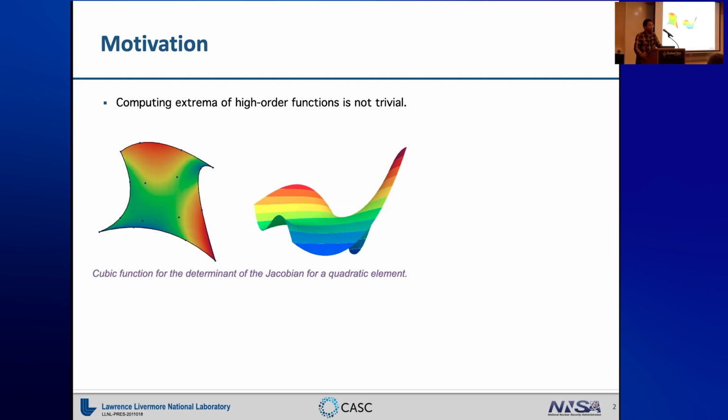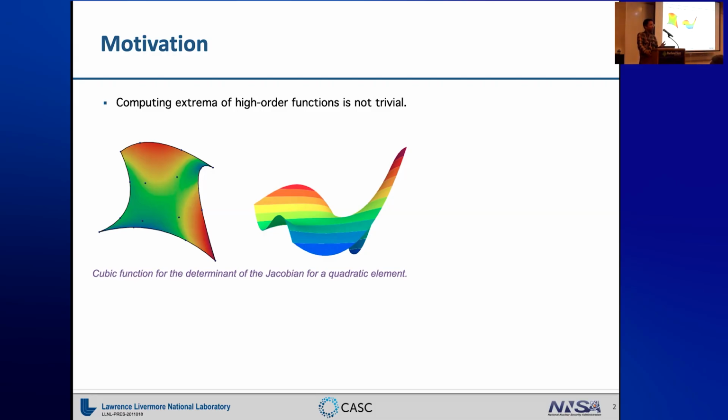One of them is ensuring mesh validity, right? So if you have a high order element, we all know that means that the position function might be a high order polynomial from reference space to physical space. But in terms of mesh validity, when we talk about the determinant of the Jacobian of this mapping, turns out that is also a polynomial.